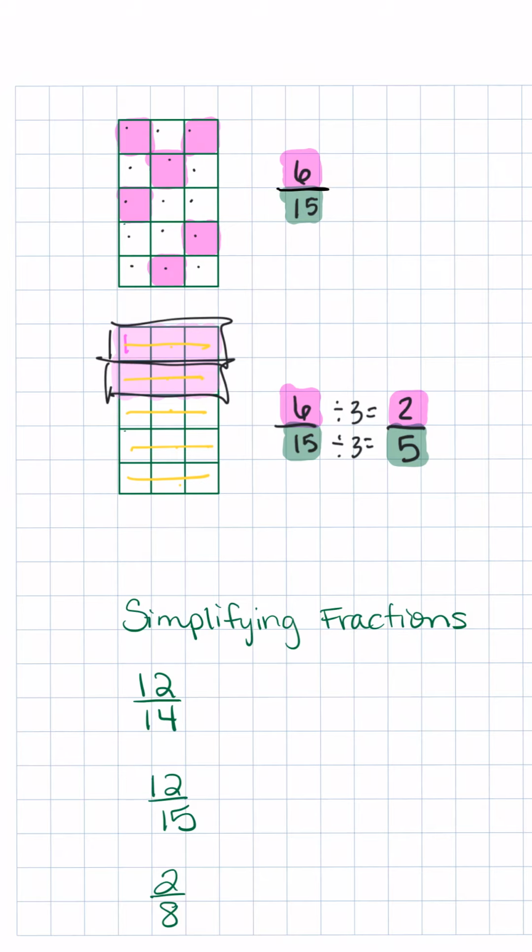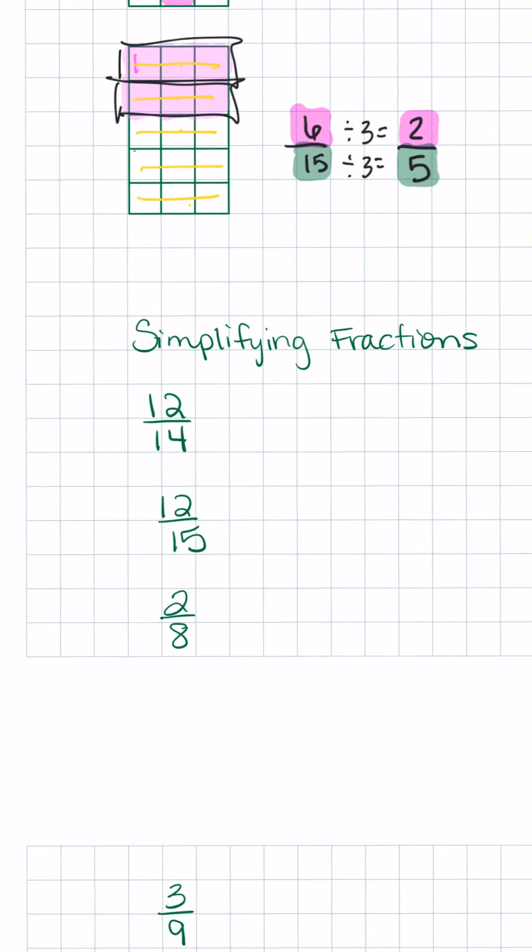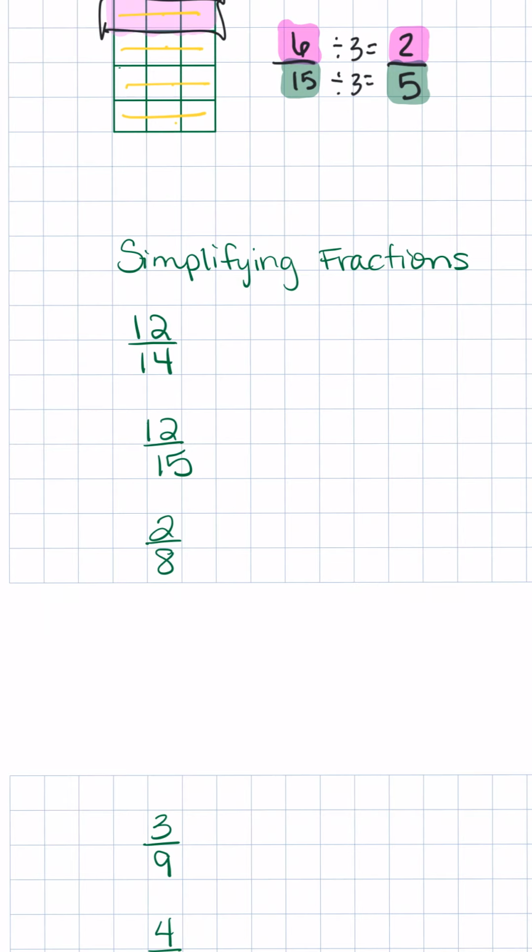So now we're going to just look at some examples. What we're doing is we're trying to find the largest common factor. So if we look at 12 and 14, we know that 2 goes into both of those.